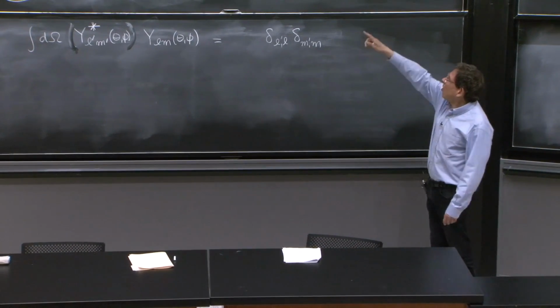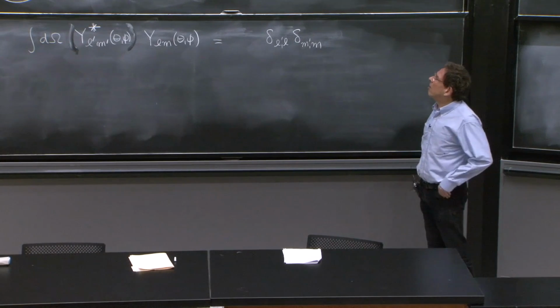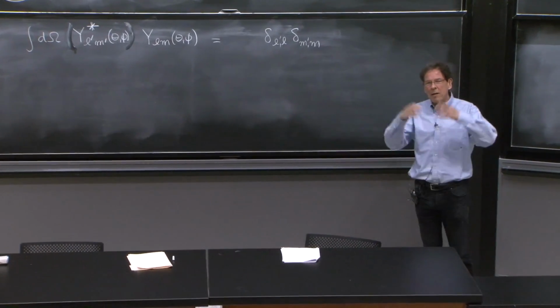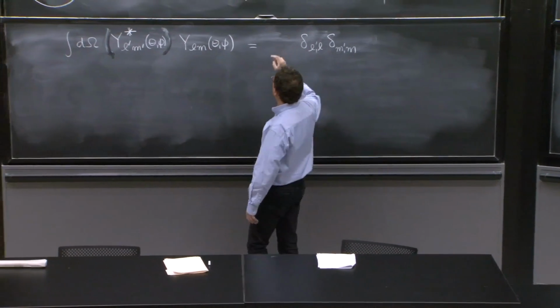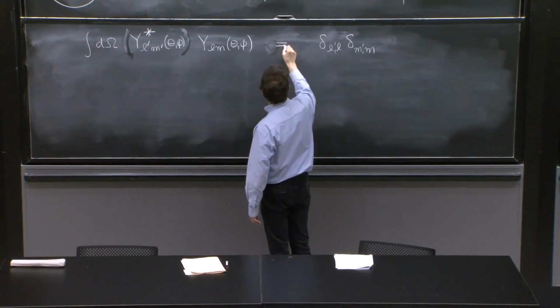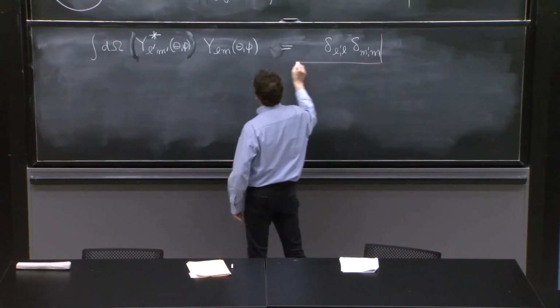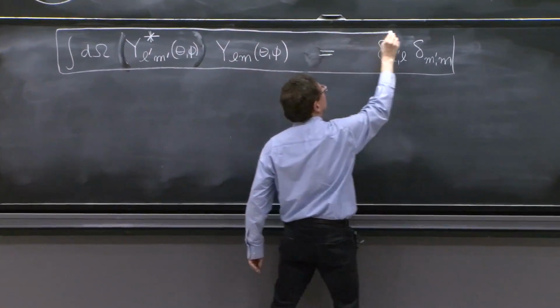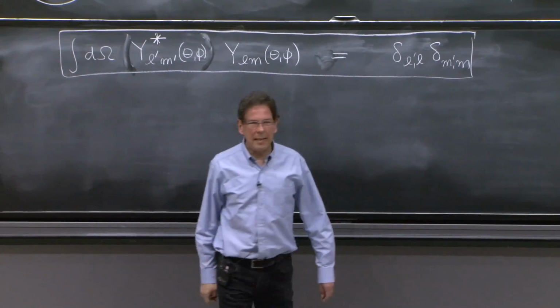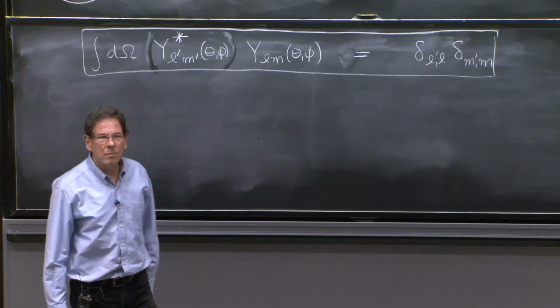And all this tremendous formula over there with 2L plus 1 and all these factors guarantee that in that case you get 1 here. So this formula is correct as written. That is the orthonormality of these solutions.